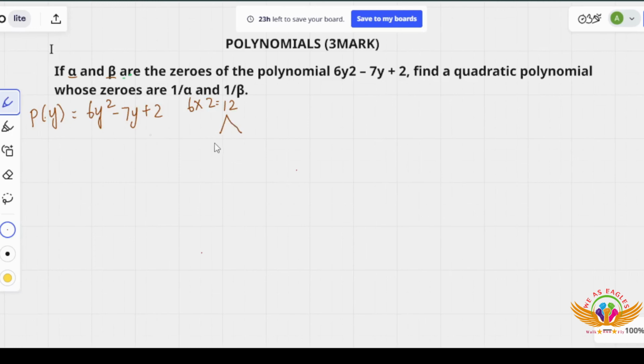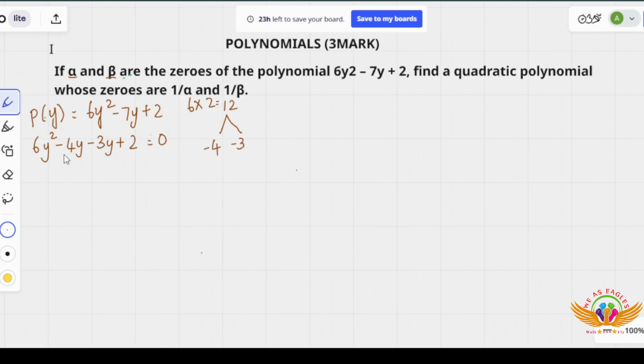So I will go with 4 threes are 12 because when I add, I need to get the number 7. But let us see the signs. So I'm going with minus and minus. Minus into minus is plus 12 and minus 4 minus 3 gives you minus 7. Yes. So 6y square minus 4y minus 3y plus 2 is equals to 0.